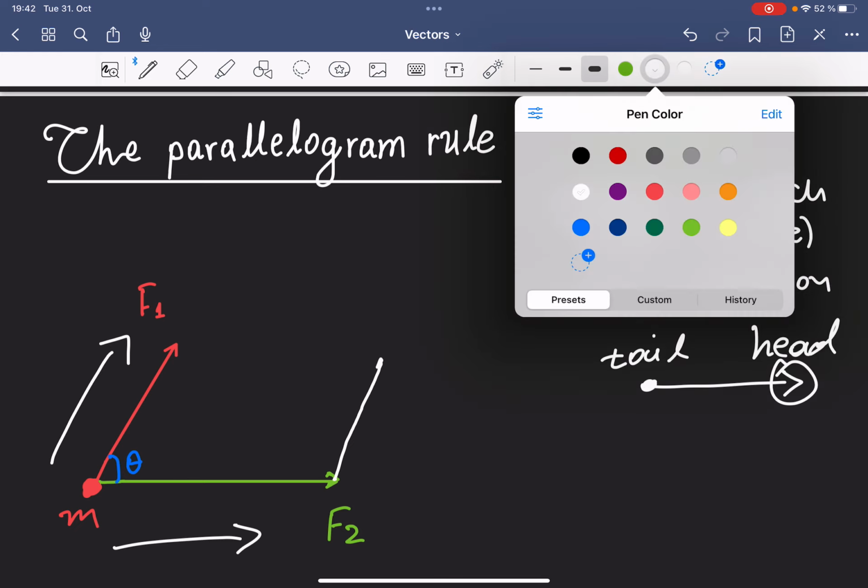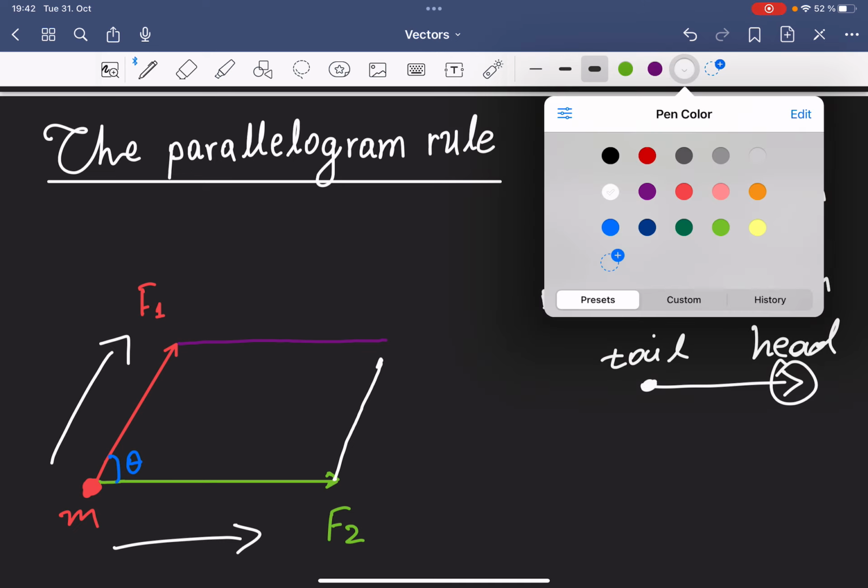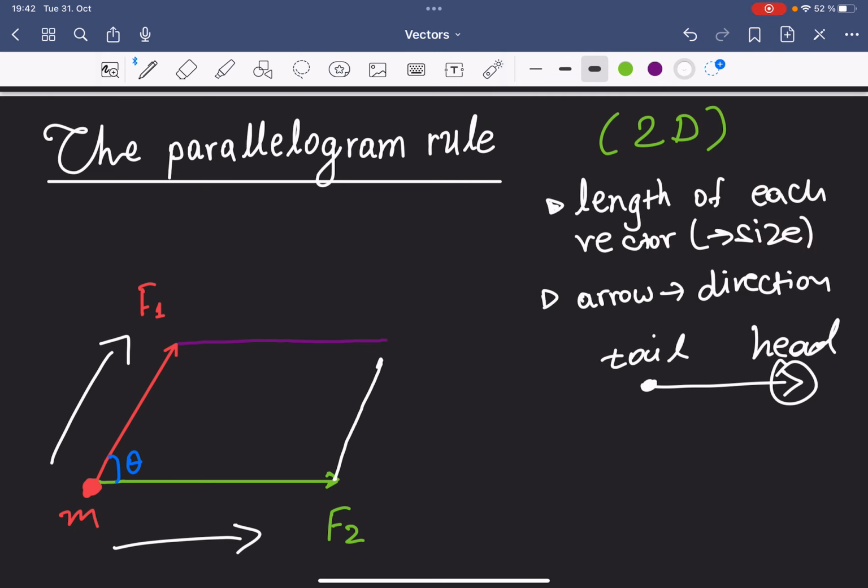And I want you to do the same for F2. So you take the length of F2 and you start at the end, at the head of F1, and you add this purple line, which is the same in length as F2 and parallel to F2.